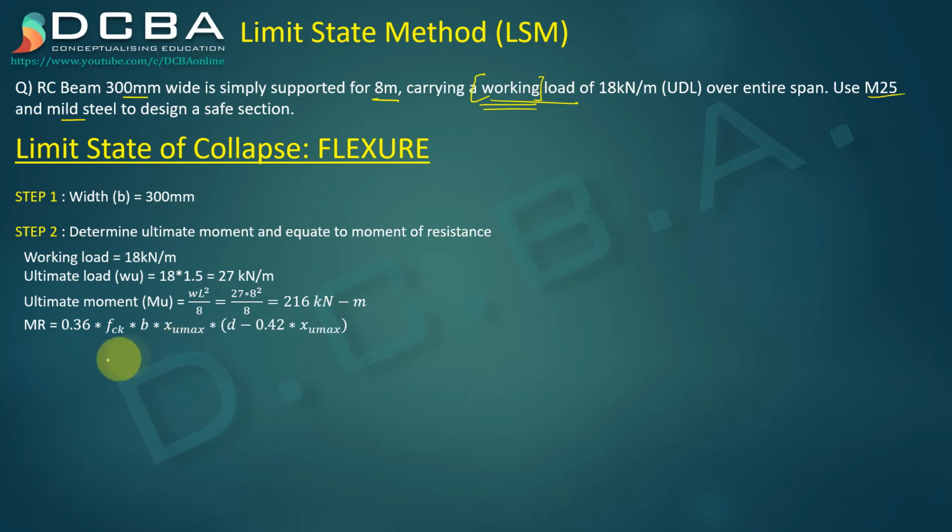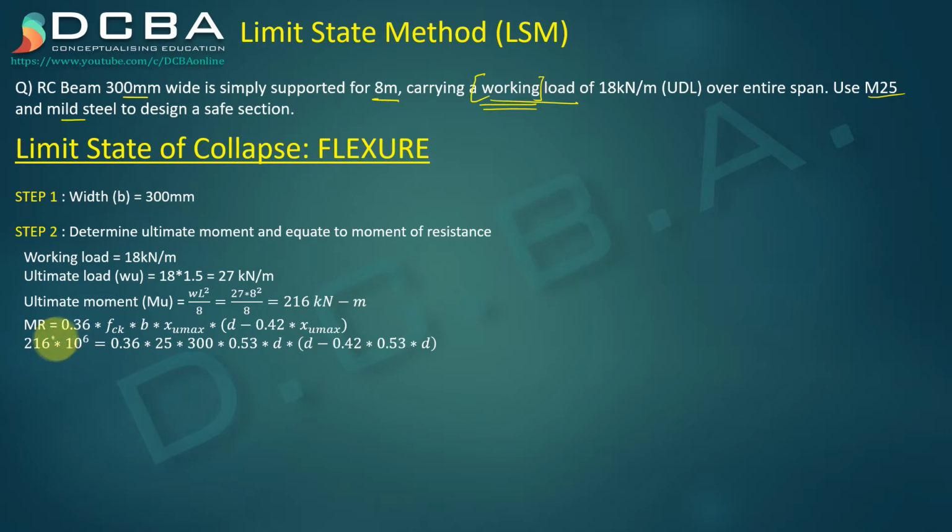For mild steel, you can also find that using this formula: 0.36 fck b Xu max into (d minus 0.42 Xu max). Here Xu max will be 0.53 d, I guess, for Fe250.